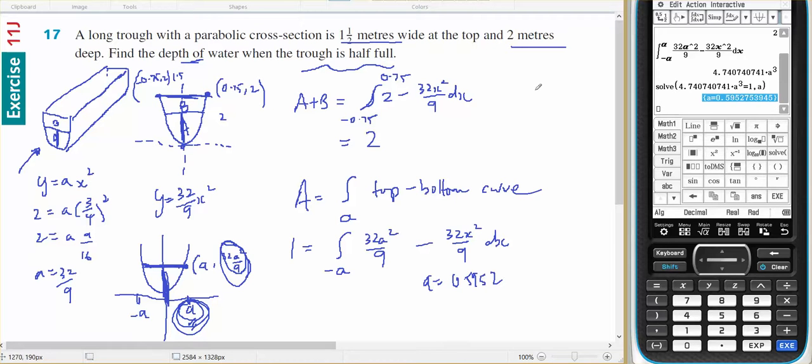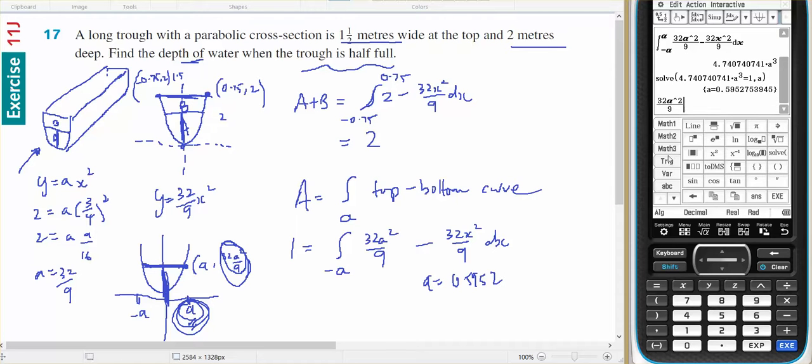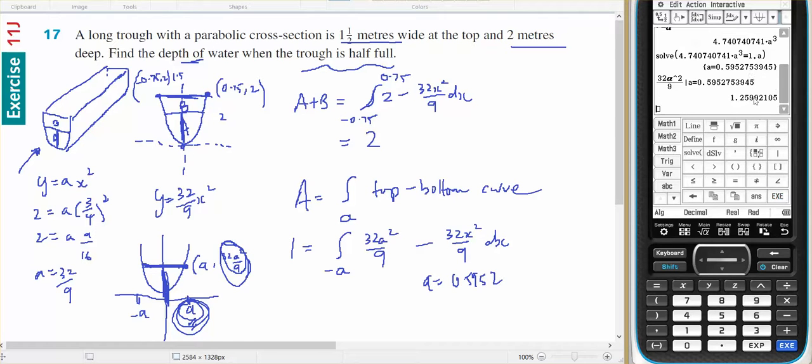So if I take this, which will be the depth of the water, given a equals that particular value, therefore the depth of the water to 2 decimal places will be 1.26 metres. And that's how you do question number 17.